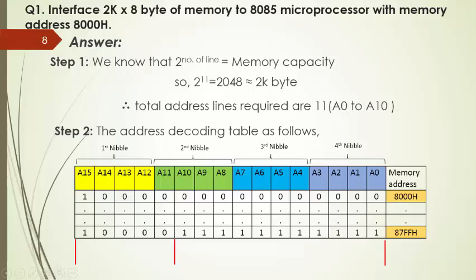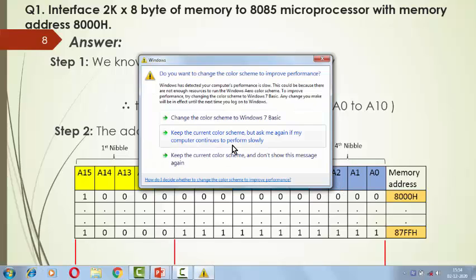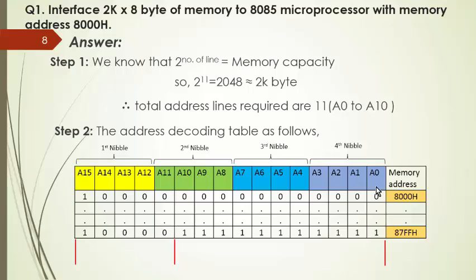To get 2 kilobyte of memory capacity, we connect these A0 to A10 address lines directly to the memory IC. The remaining lines, A11 to A15, we use to generate the chip select signal, either by using a 3-to-8 decoder or by using logic gates. Clear?